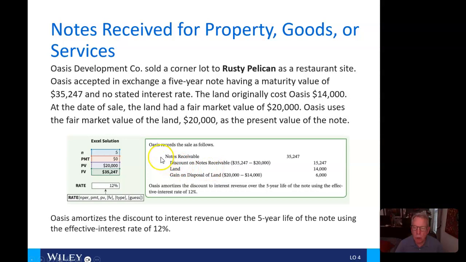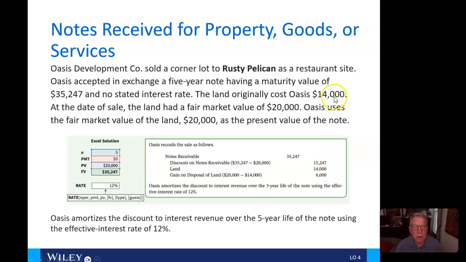So here's our notes receivable, $35,247. And we got that as the future value using an Excel function to calculate that. And so now the discount on notes receivable is going to be $15,247.